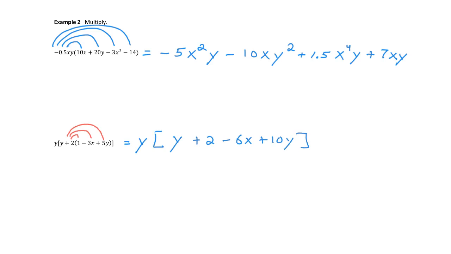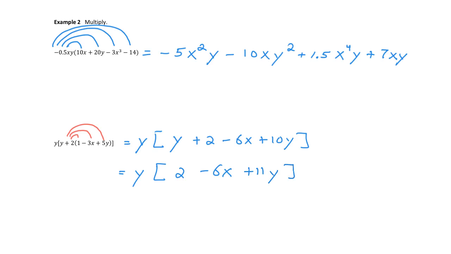My second step would be to multiply now this y into this set of parentheses, but I see there's a y and a 10y. I'm going to combine like terms first. So I have 2, I have minus 6x, I have a 1y here, a 10y here, that's a total of 11y.